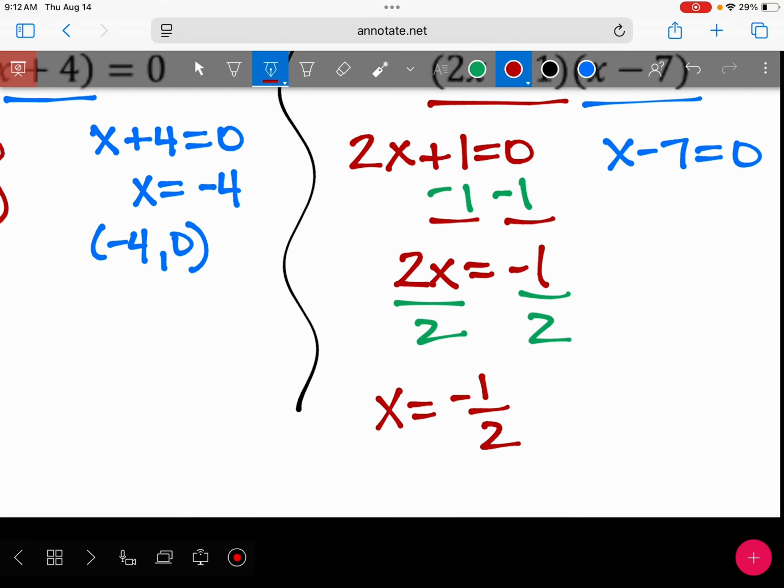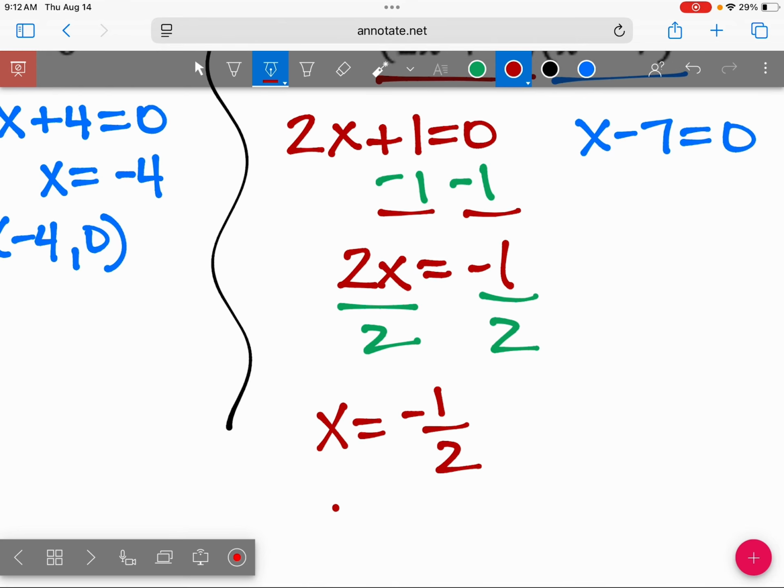Or you could write that as a decimal, x equals negative 0.5. Or for my second answer, I'm going to add the 7. So that would give me x equals 7.